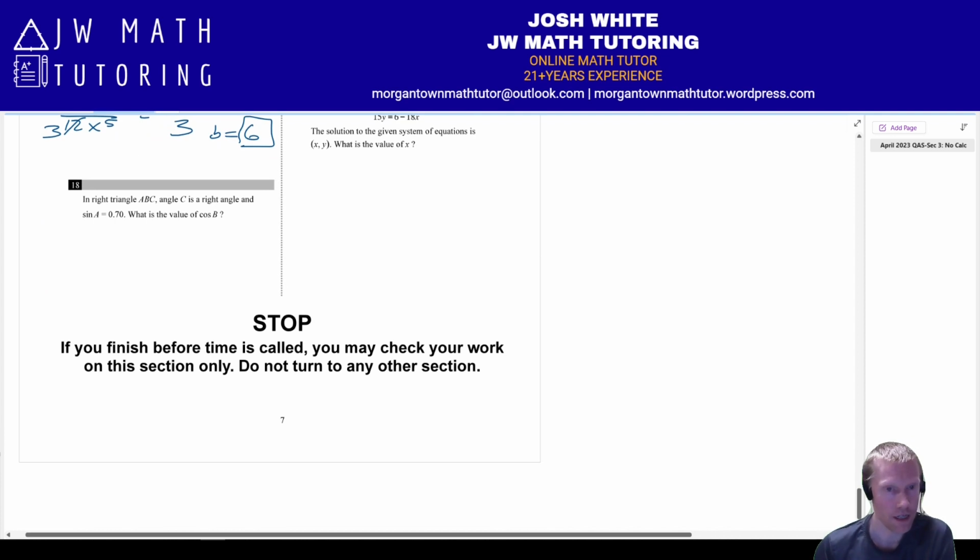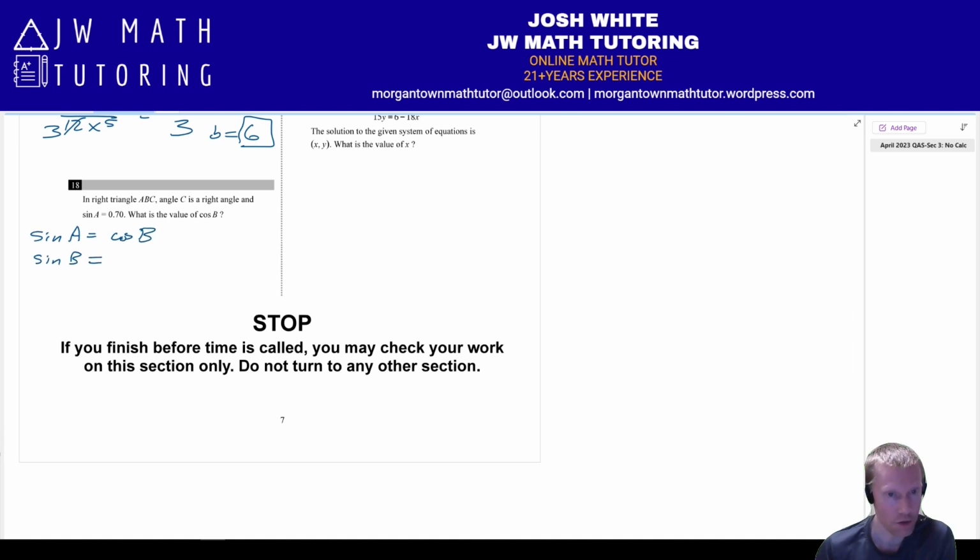Now for 18, there are multiple ways that you could reason this one. So one way to reason this is that when you have a right triangle, and you have the two acute angles in the right triangle, i.e. the two non-right angles, there's a property in math that the sine of one angle will equal the cosine of the other angle.